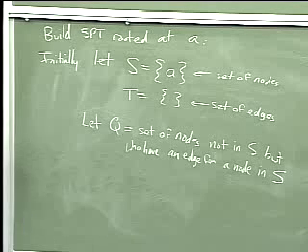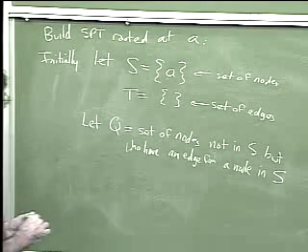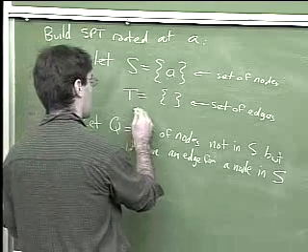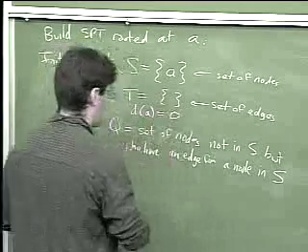So Q is a set of nodes that aren't in S, but every node in Q is connected to a node that's in S by an edge. Oh, I'm going to need a distance measure also. Let's say D of A is 0.